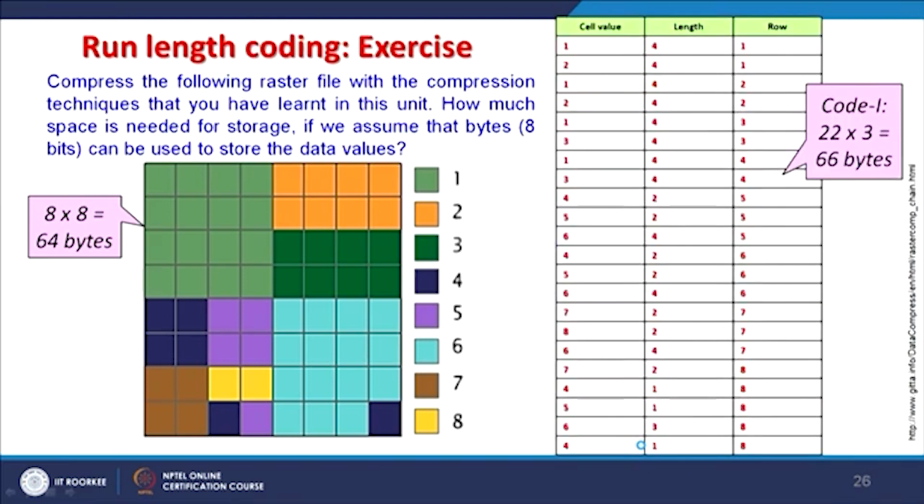So the first one says compress the following raster file with the compression technique, and the compression technique here is run length, which you have learned in this discussion, and how much space is needed for storage. So you have to calculate. If we assume that 1 byte equal to 8 bits can be used to store data values, if this is the situation, how this will be stored, that you can do.